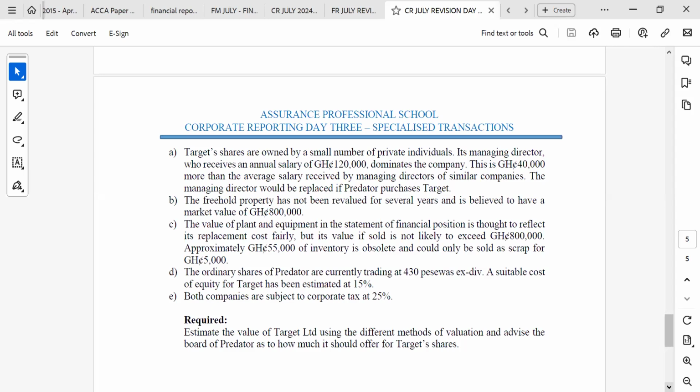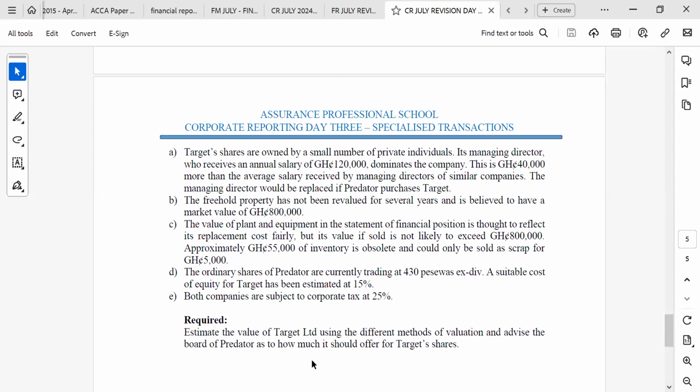Required. Estimate the value of Target Limited using different methods of valuation and advise the board of Predator how much it should offer for Target shares.